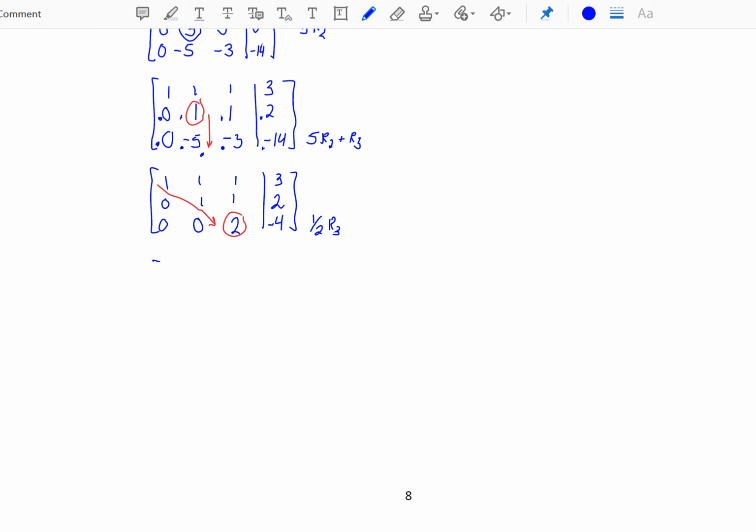When I multiply everything in row 3 by a half, the first 2 rows will not change. So a half times 0 is 0. A half times 0 is 0. A half times 2 turns into a 1. A half times -4 turns into -2.